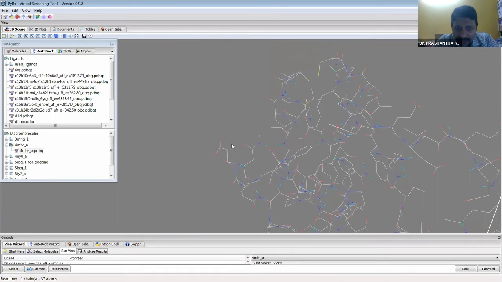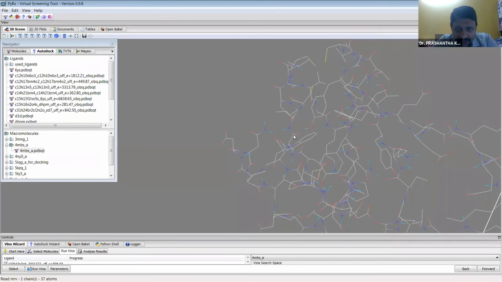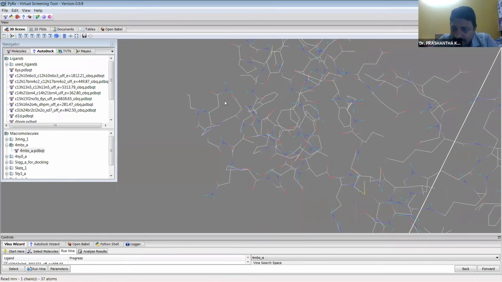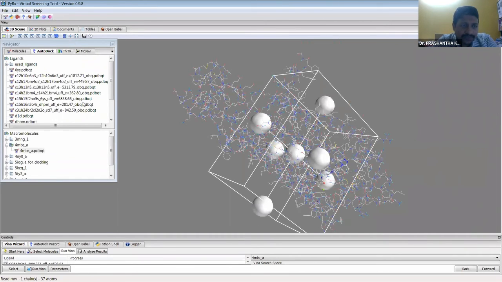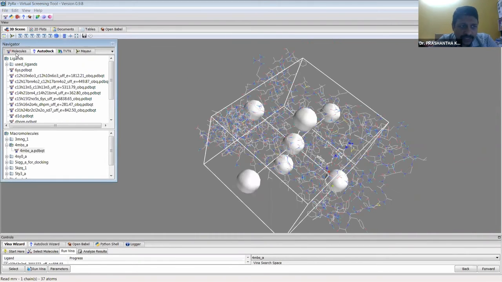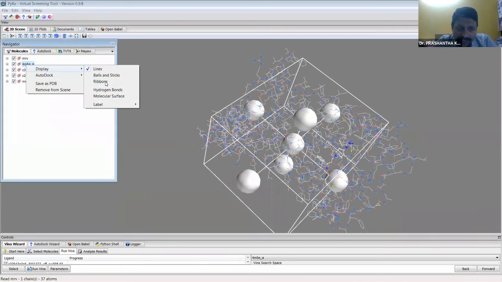Everything is an amino acid: this is one amino acid, second, third, like this. This is how it is represented. In the purchased version we have an option to make it like a ribbon. I don't think it is the same in the free version.